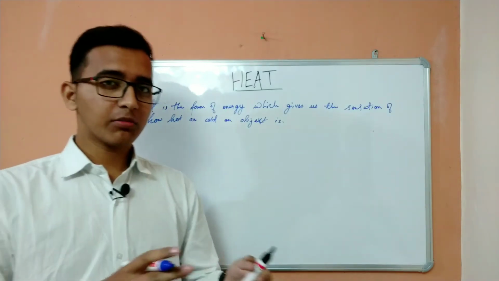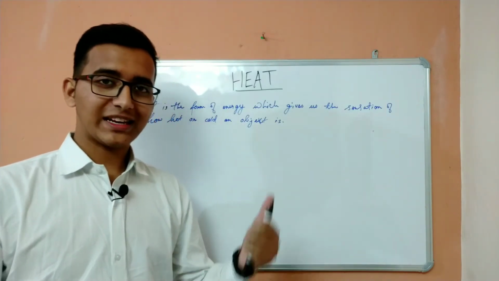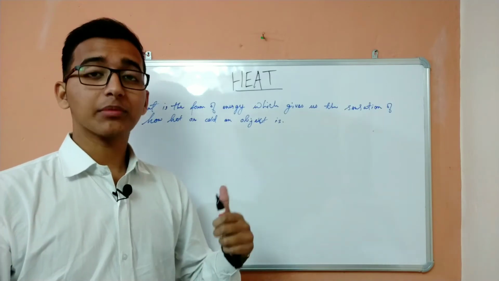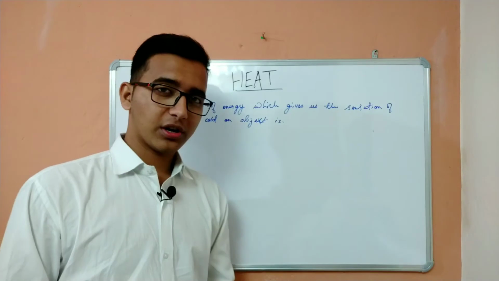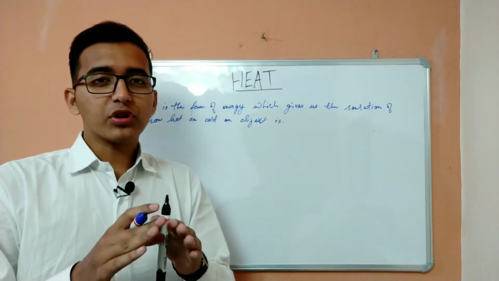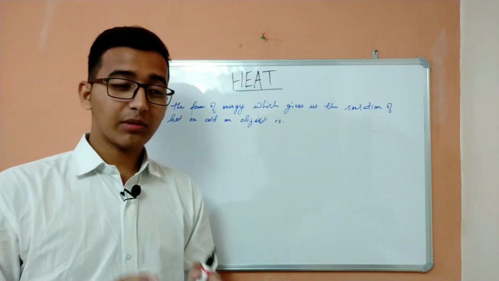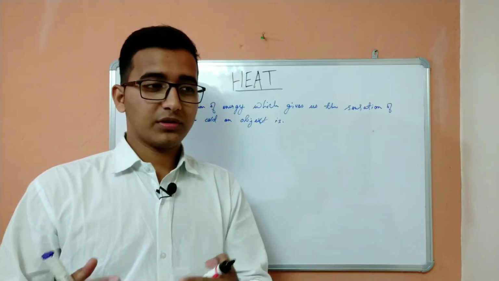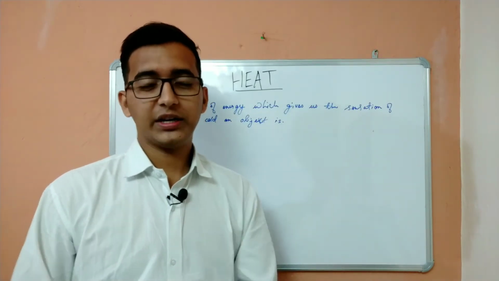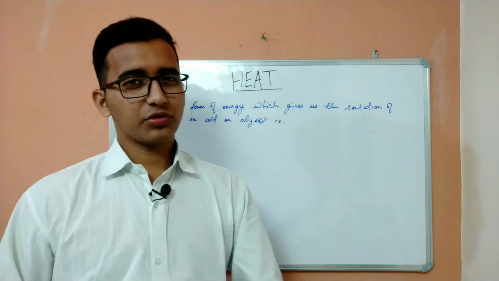It might be lower than your body temperature, but definitely it has some heat. It has some kind of energy. If a body does not have any energy at all, then that body will have zero kinetic energy in the molecules. What is heat? How is it formed, or from where do we get heat? We'll answer many of those questions.